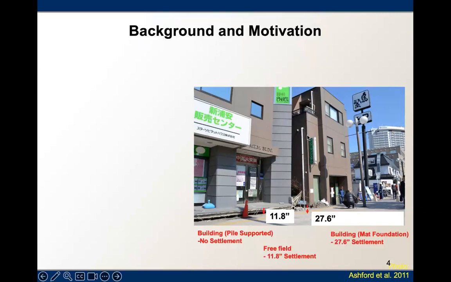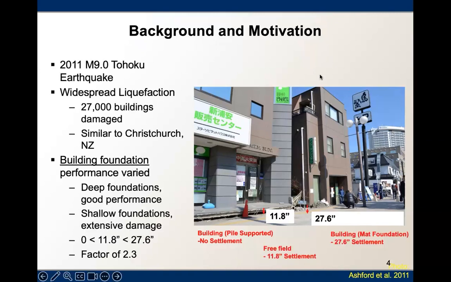But the interesting part is this lowest-story building on the right, sitting on a mat foundation, which settled over 27 inches. So this form of damage was widespread as a result of that earthquake in 2011.